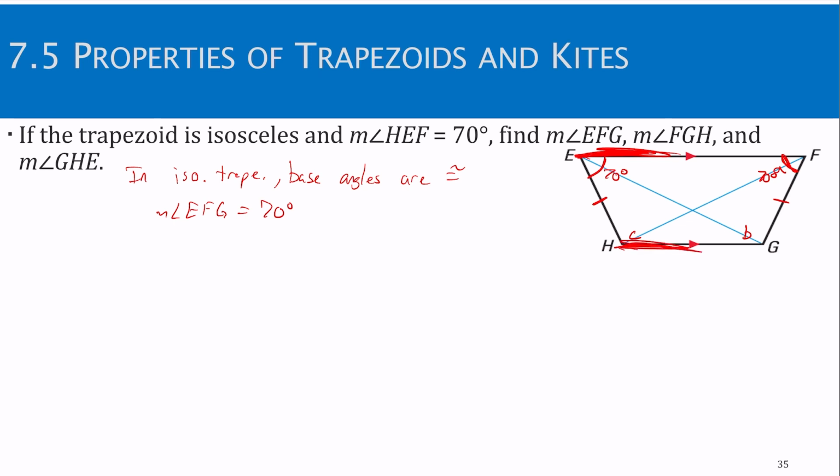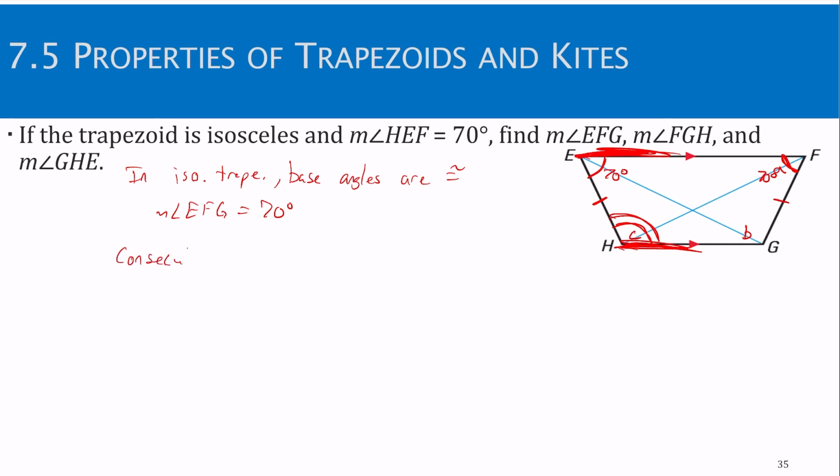Those are parallel lines. So that means angle HEF and angle GHE are consecutive interior angles.